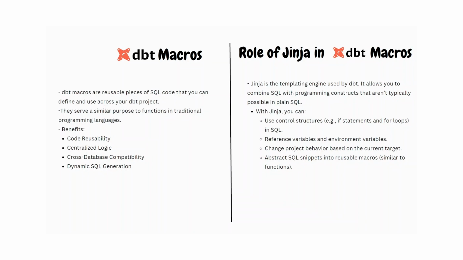That ensures the consistency of our models. They don't break if we move from one database to another. And with these capabilities, we can even create dynamic SQL, which basically automates our job and improves the efficiency of our work.